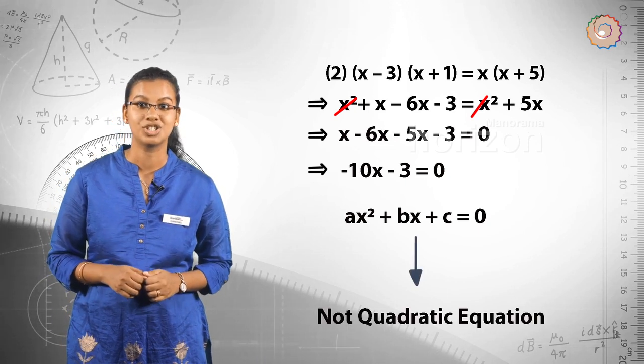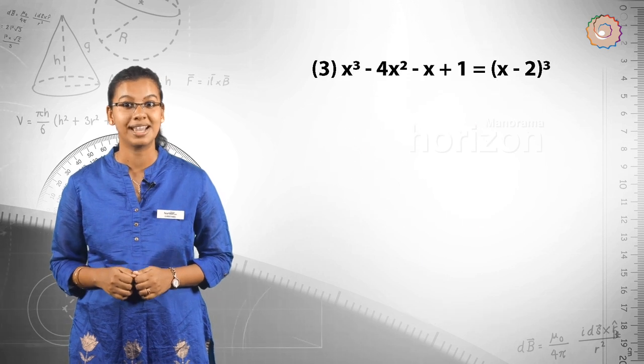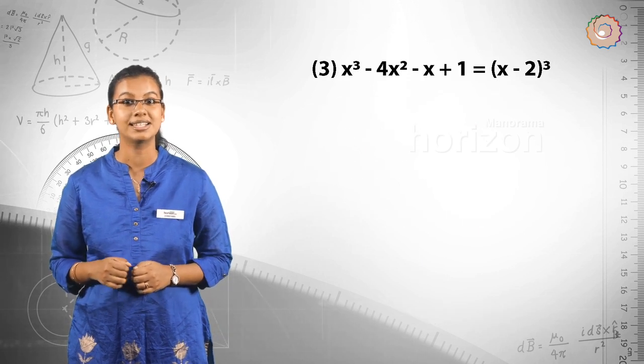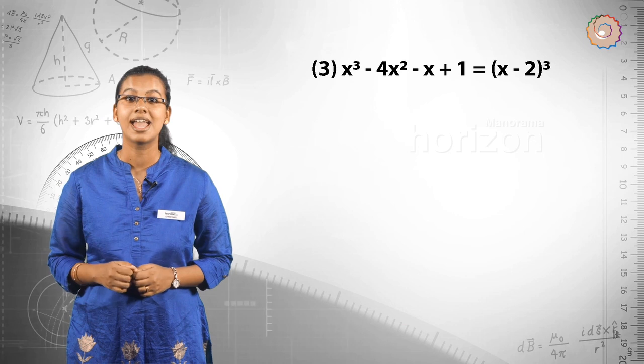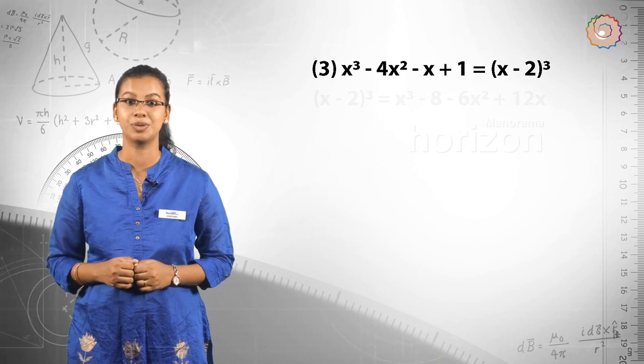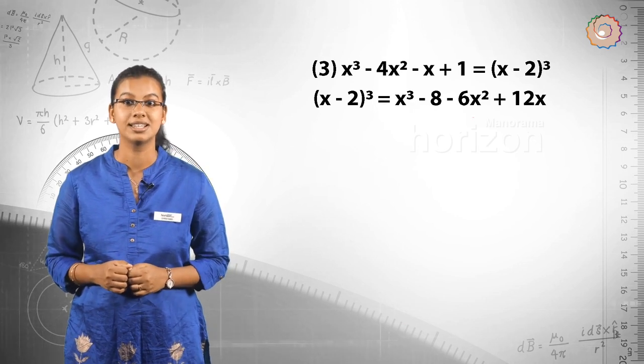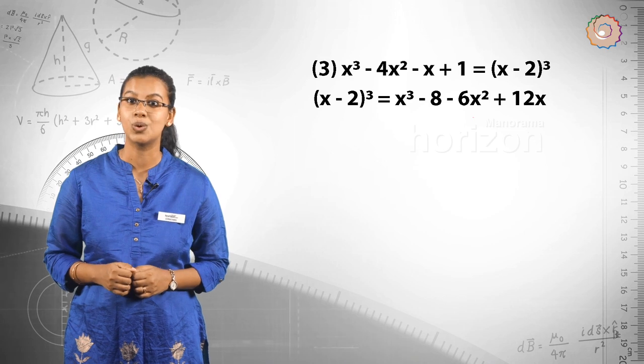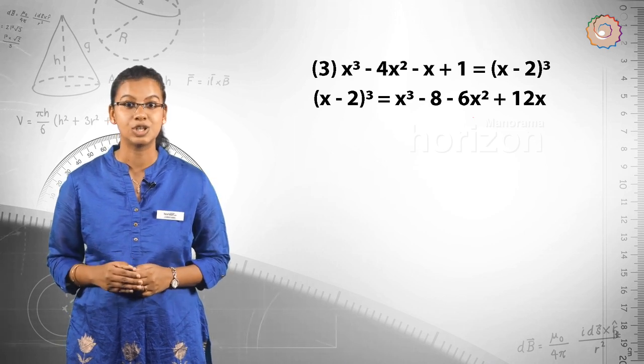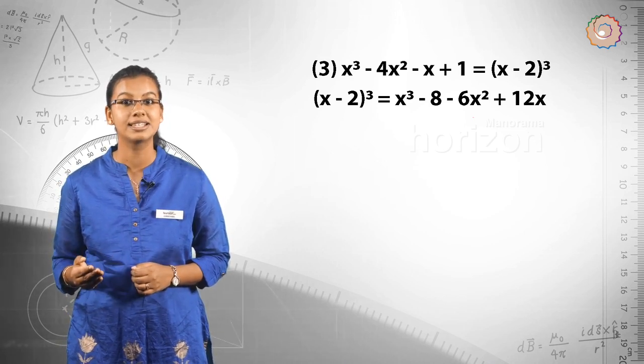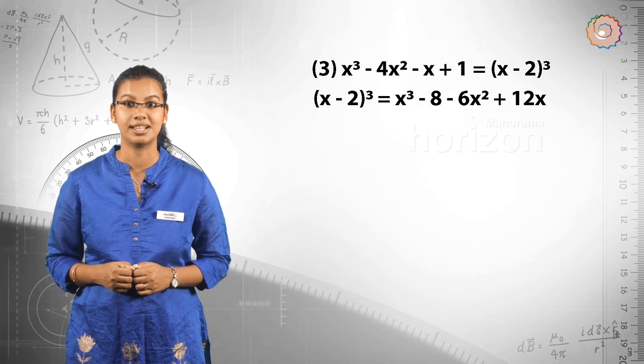And the last equation is x cube minus 4x square minus x plus 1 equals x minus 2 whole cube. Expanding RHS, that is x minus 2 whole cube, we get x cube minus 8 minus 6x square plus 12x.